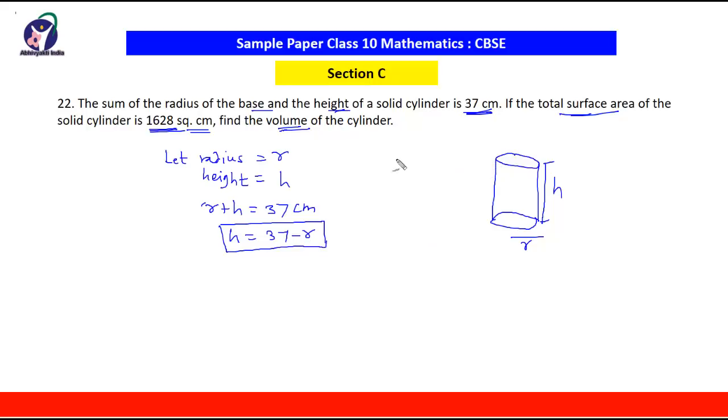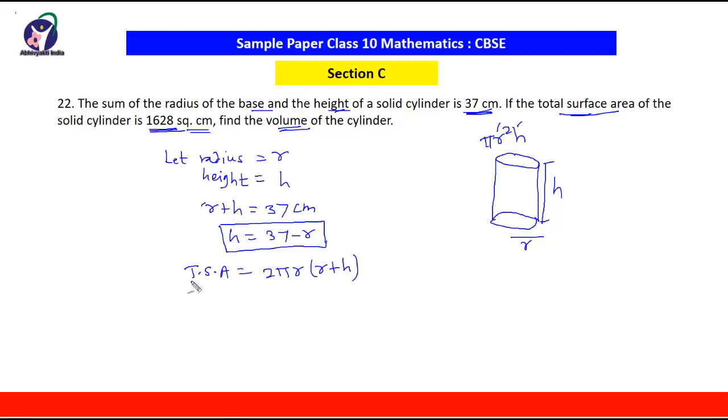Here we have to find the volume of the cylinder, and the volume of the cylinder is given by pi r square h. So you will require the radius and the height of the solid cylinder. First we will see the total surface area that is given to us, 1628, and this total surface area is given by the formula 2 pi r into bracket r plus h.